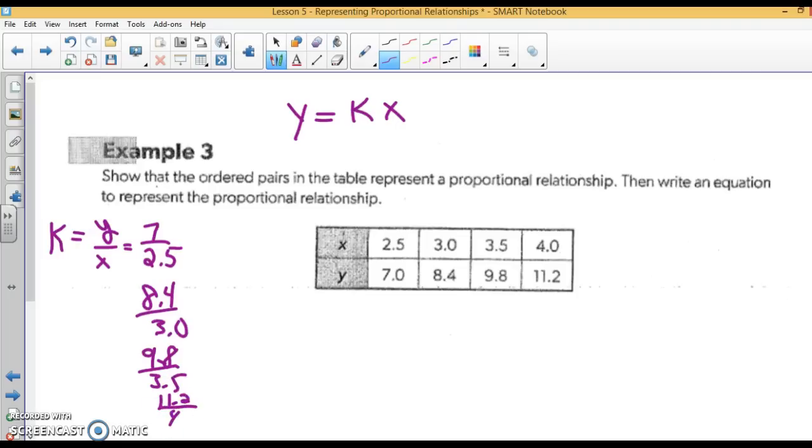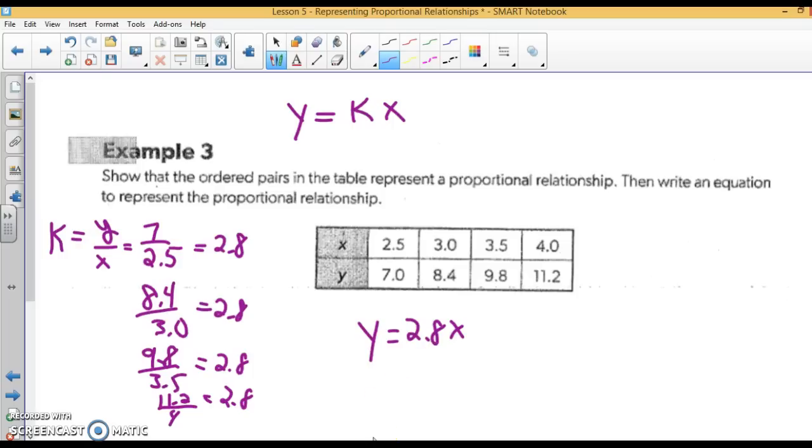If you divide those, you are going to get 2.8 for every single one. So k is 2.8. So our equation is y equals 2.8x. It is proportional, and this is our equation.